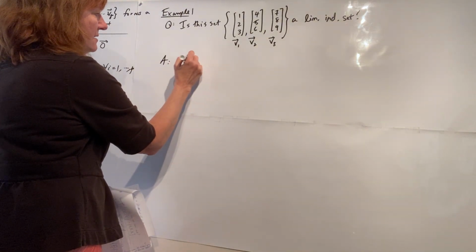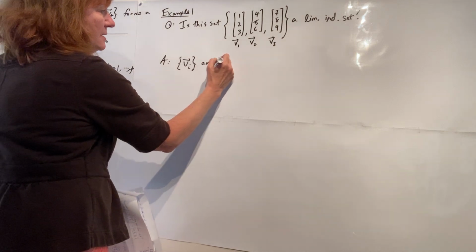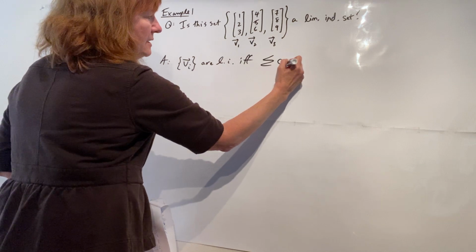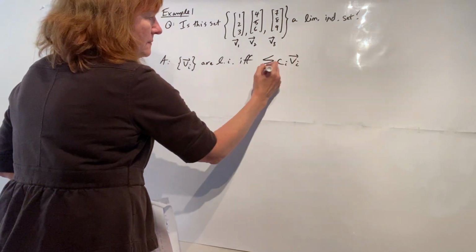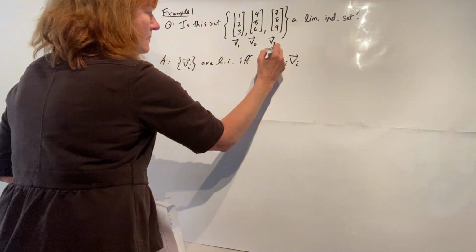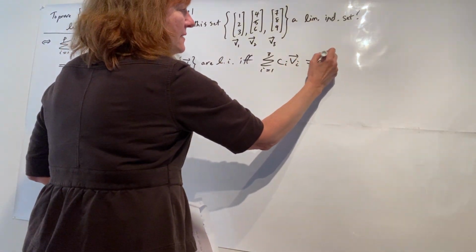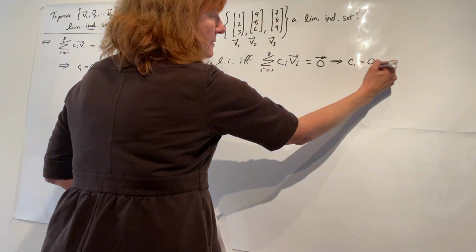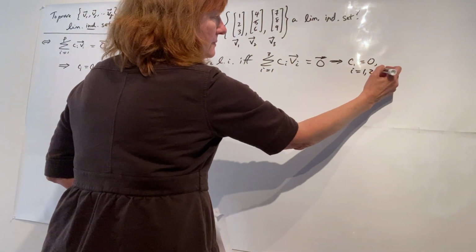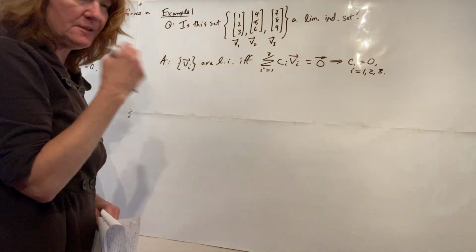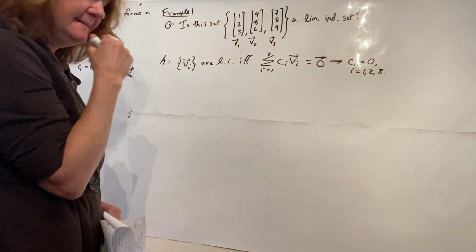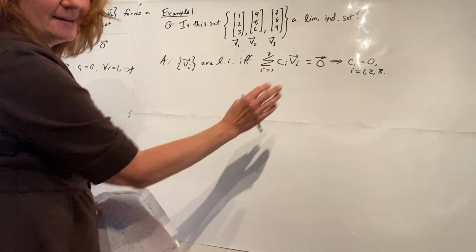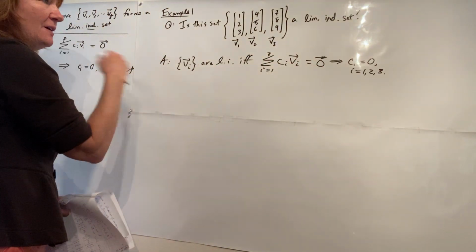These vi are linearly independent if and only if any linear combination of them set equal to the 0 vector forces all the ci to be equal to 0. Okay, so you just remind yourself of the definition, you state that, especially when you're showing your work on a test or quiz, right? So you showed you know the definition, now apply it.